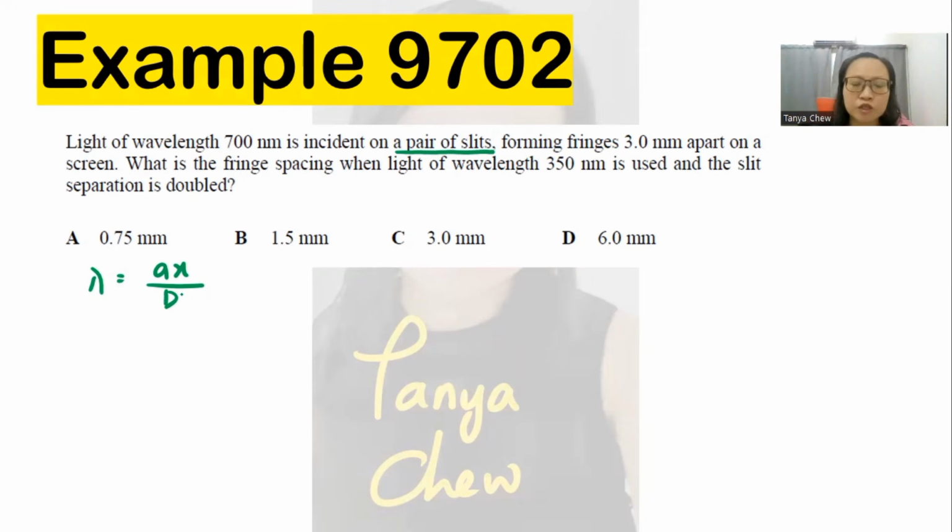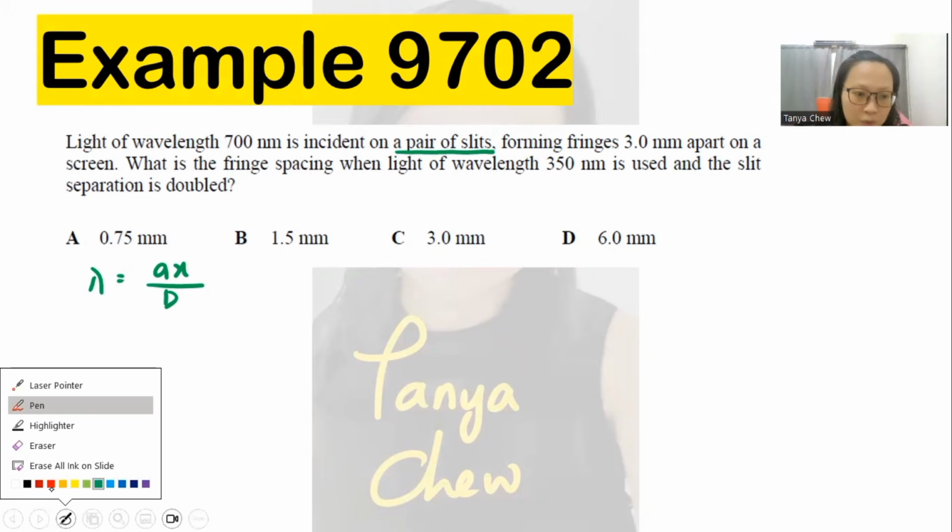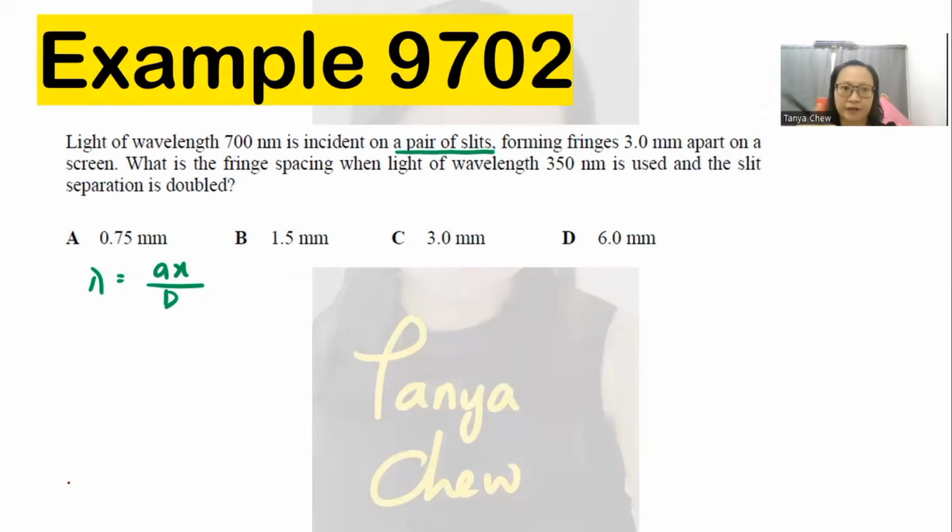Since 2 wavelengths are given, we need to come up with 2 simultaneous equations, but stick to this equation. Now I'm going to write down the symbols that help me to sub the correct numbers into my equation. This is the first wavelength given, so I put lambda 1.